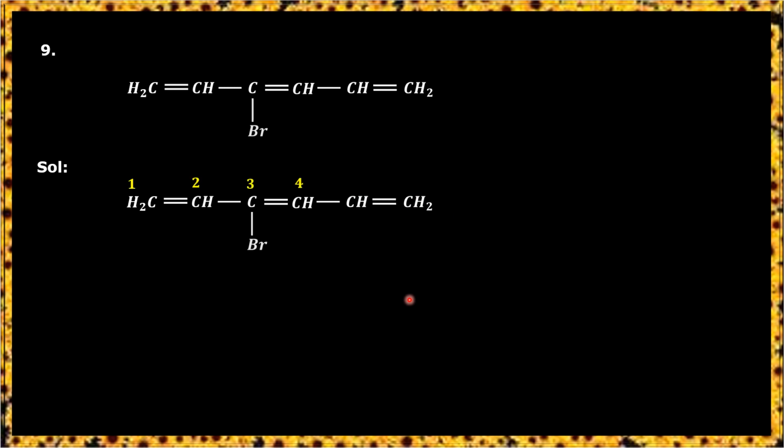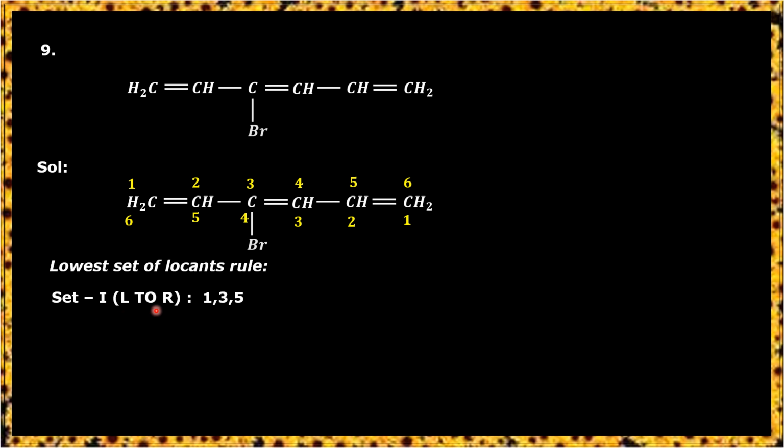Which way of numbering is correct, I will determine by using the lowest set of locants rule. See here, from left to right, set 1 locants are 1, 3, 5. That is, the first carbon atom, third carbon atom and fifth carbon atom are bearing double bonds.